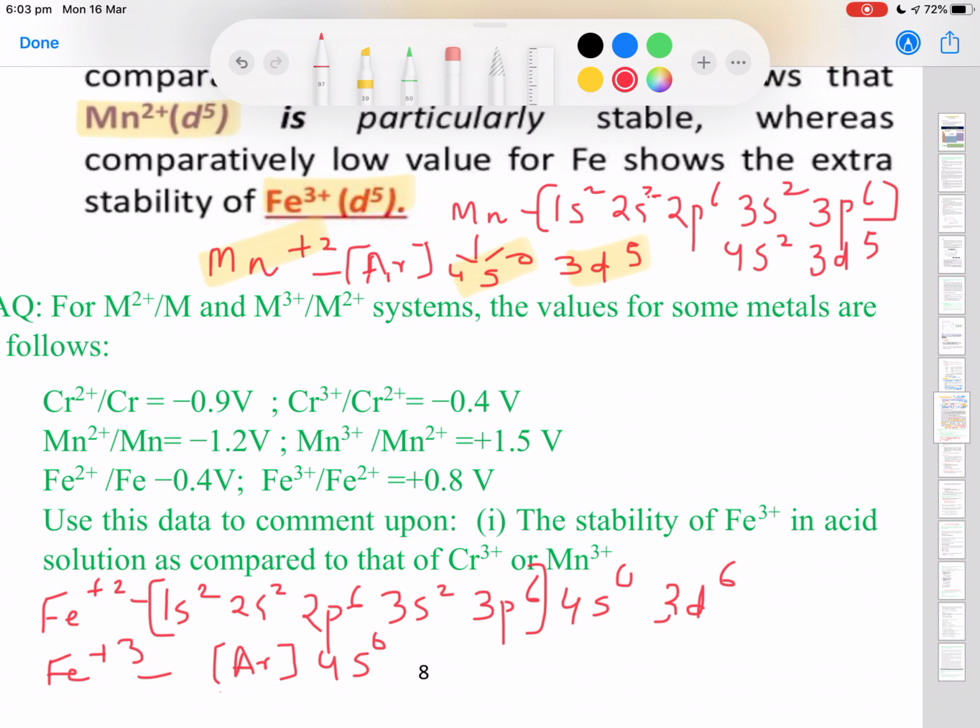So 2 will be lost from 4s and one more will be lost from 3d. So 3d becomes 5. That's exactly half filled, so it attains a stable configuration. Hence, out of ferrous and ferric, it's ferric state which is more stable.